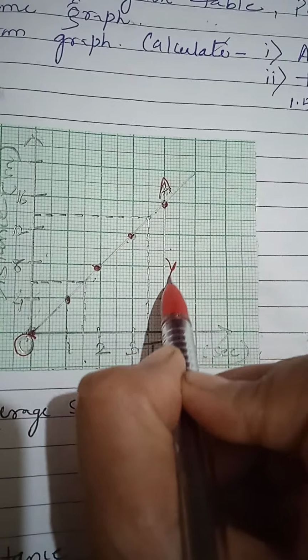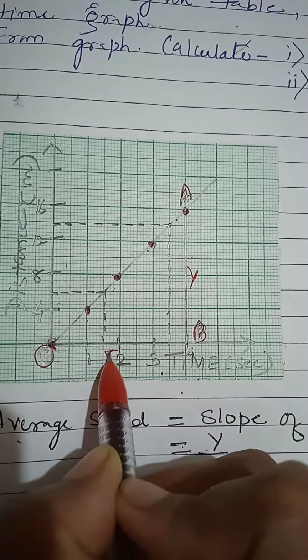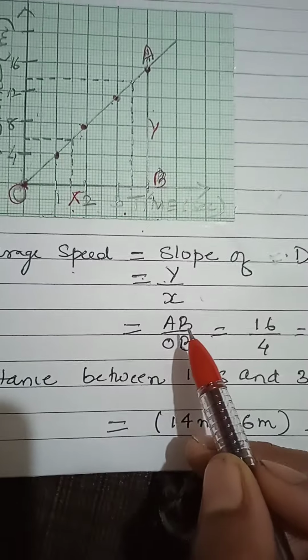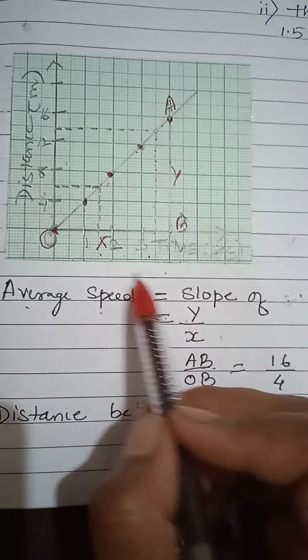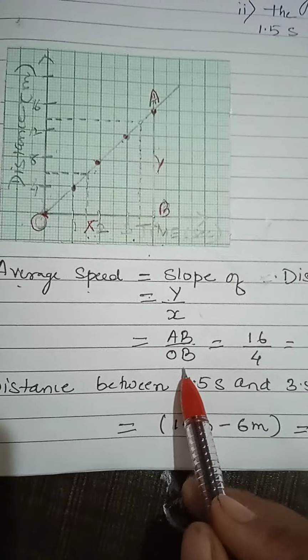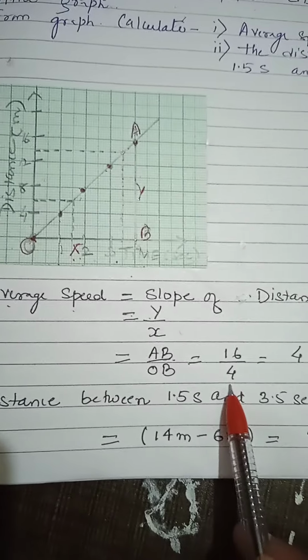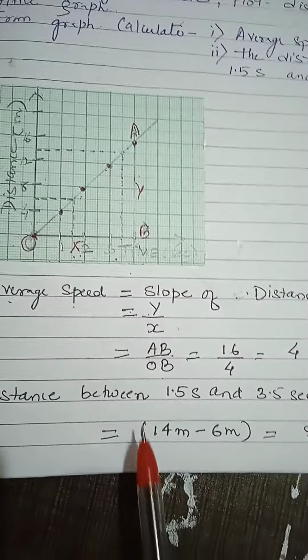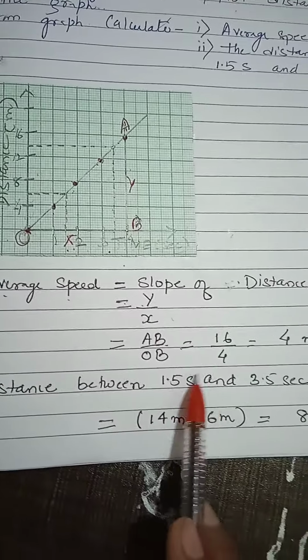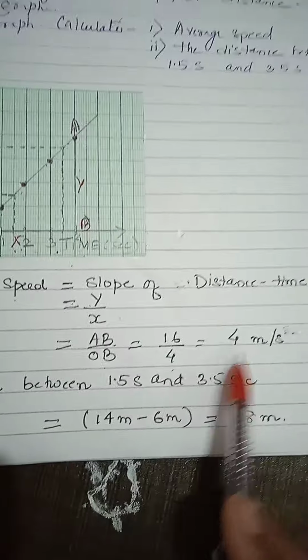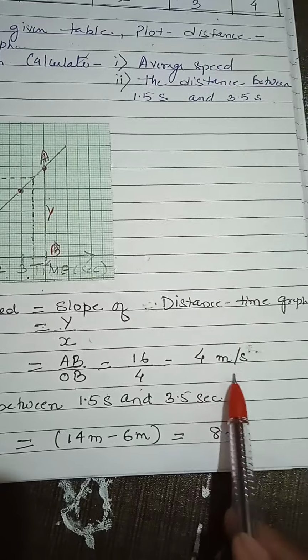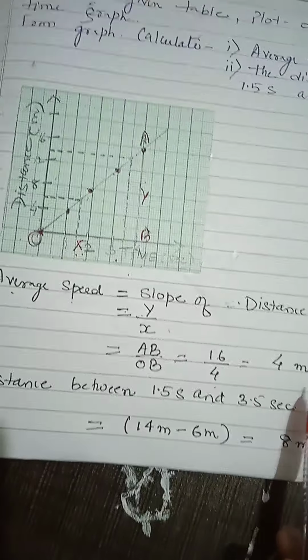This is your y and this one will be your x-axis. So this is y by x. So y we can write as AB and x is equal to OB. So AB is equal to how much? AB is equal to 16 and OB is equal to 4. Solve it. If you cancel, 4 1 ja 4, 4 4 ja 16. So 4 meter per second.